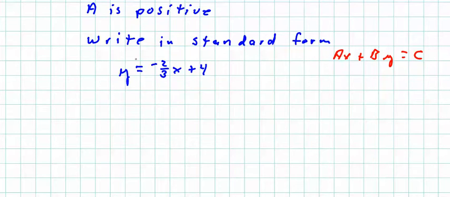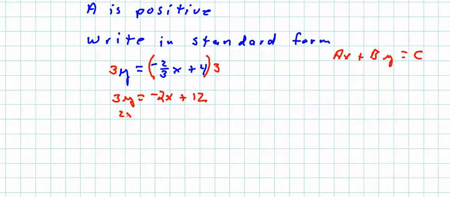Like we've been doing all year, we are going to multiply by the least common denominator, in this case 3. We're going to multiply both sides by 3, and I get 3y equals negative 2x plus 12.